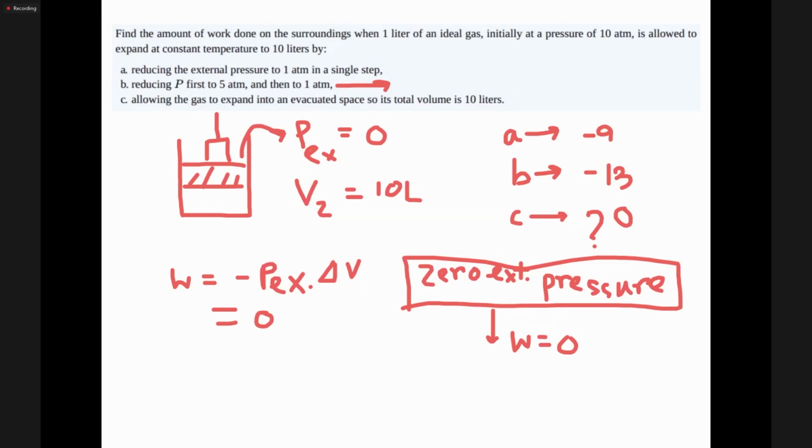That actually shows that W is not a state function, because it depends upon the pathway involved. The route taken actually determines the value of W, the work done.